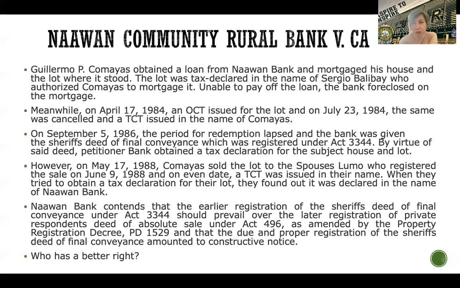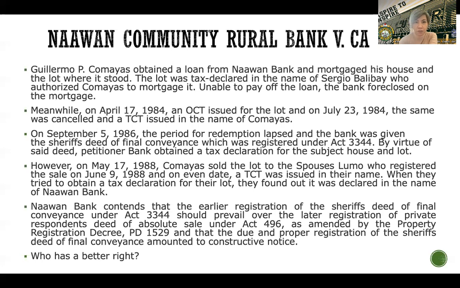And this declared owner in the tax declaration authorized the Comayas to mortgage the lot. But Comayas was unable to pay the loan, so the bank foreclosed on the mortgage. Meanwhile, however, the lot was registered and na-issuehan og original certificate of title.